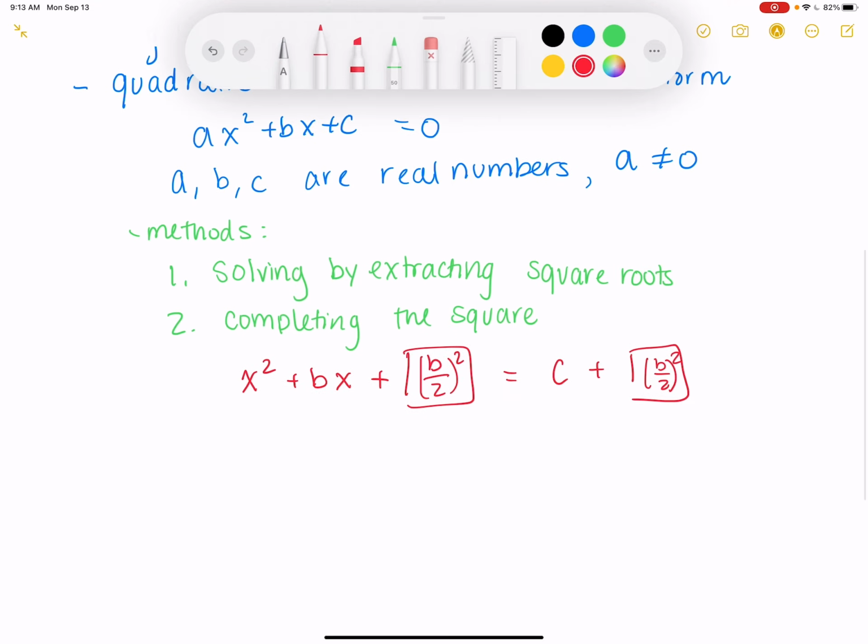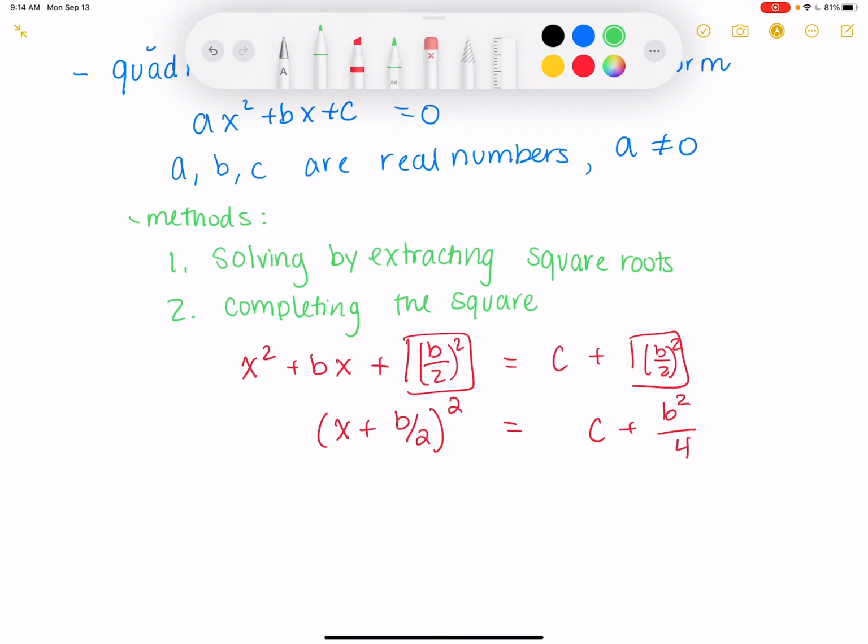If I were then to factor it to help me solve it, which is obviously the benefit of completing the square, I'd have x plus b over 2 squared is equal to c plus b squared over 4. Again, it probably makes less sense with letters than it does when we actually throw numbers in it. So when we do the examples, it'll make more sense.